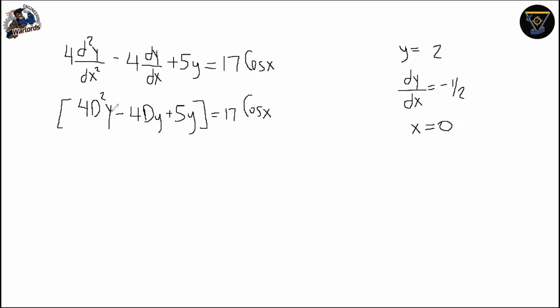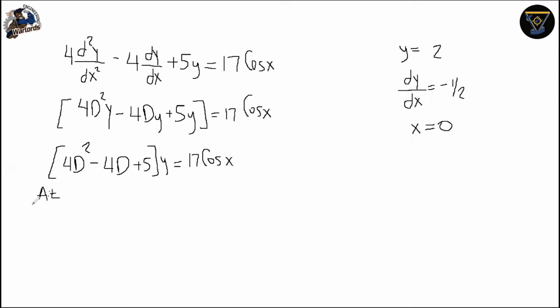Remember that the next step is to take out the y's. So you have 4 d squared minus 4d plus 5, with y on the outside, and this is equals to 17 cos x.